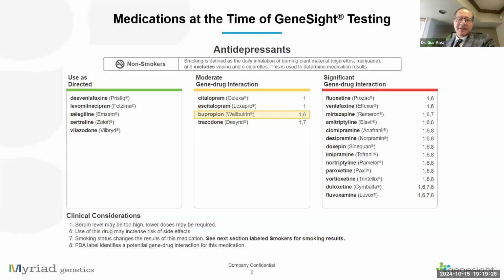And it's interesting when we take a look at what we have the patient on, right? If you just read this, serum level may be too high or lower doses may be required, and use of this drug may increase the risk of side effects. In the case of the patient, he was taking already a copious amount of the medicine, right? 450 milligrams, which a lot of people would just go, wow, that's quite a bit.